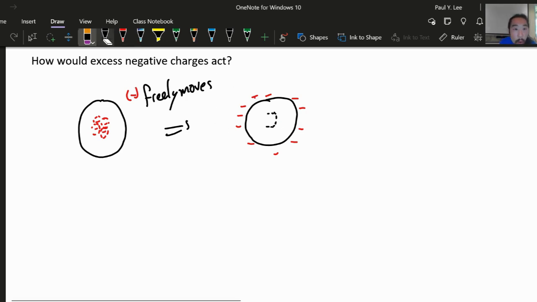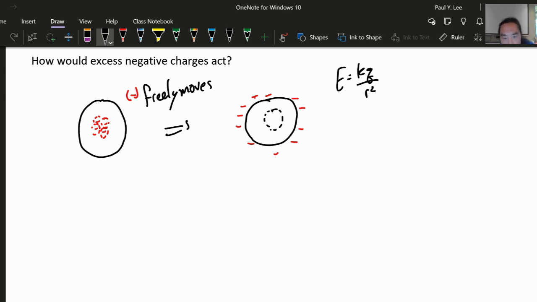Now, with that being said, we have to think about this idea of electric fields. We know that the electric field is equal to kq over r squared. So we have the E field formula. What is the electric field within here? The formula is asking how much excess charge we have in that chunk of the conductor.